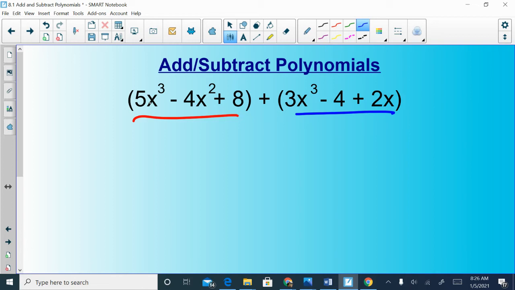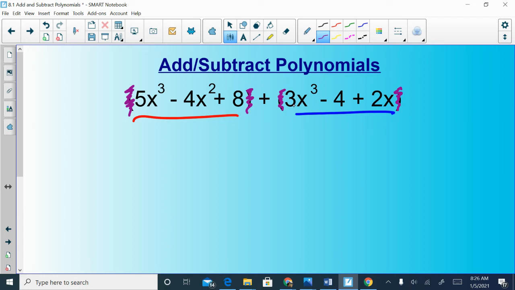So we have a polynomial in red and a polynomial in blue, and we want to add them. Here's what I'm going to tell you about adding polynomials. If you're adding, and this only works when you're adding, forget about the parentheses. When you're adding polynomials, forget about the parentheses and now just combine the like terms. So 5x to the third and 3x to the third.